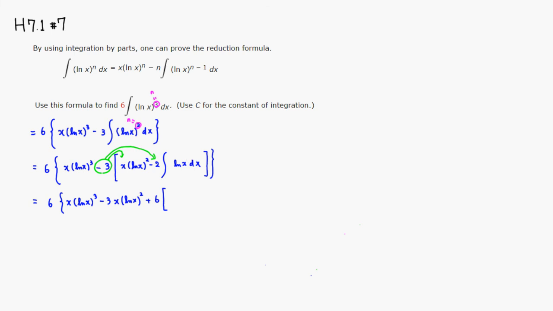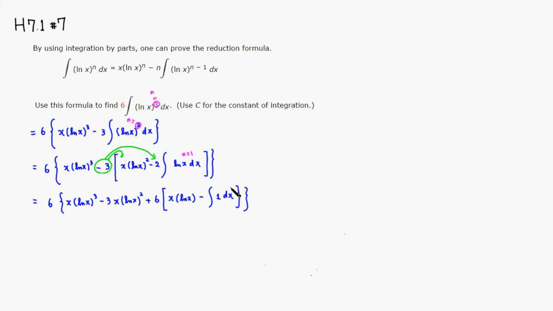In this case, the n value is actually 1, so you will get x times natural log of x to the first power minus the integral of, n minus 1 is 0, the 0th power is 1, so you have a dx.